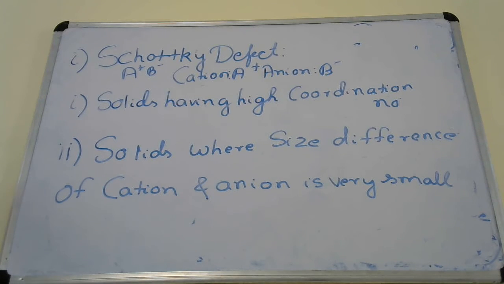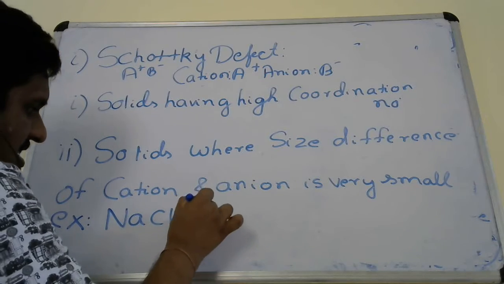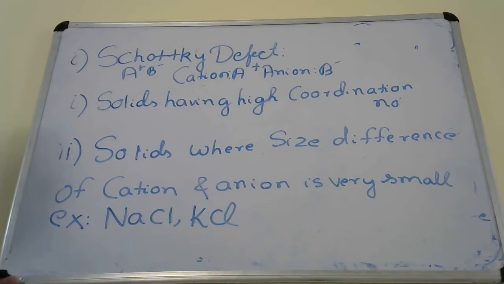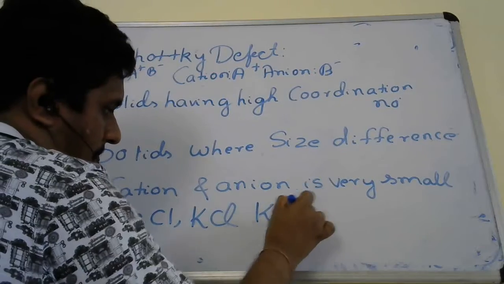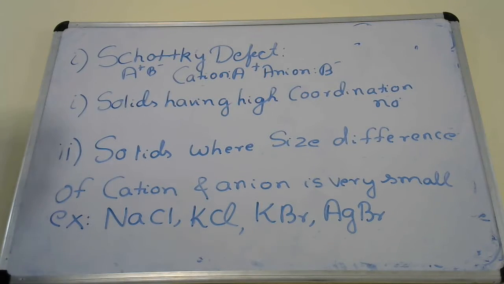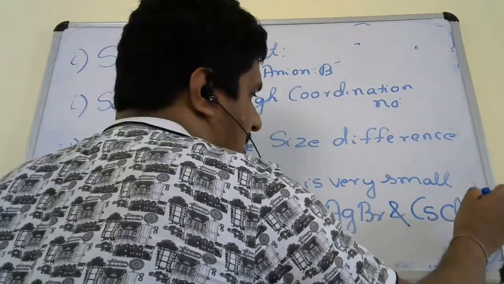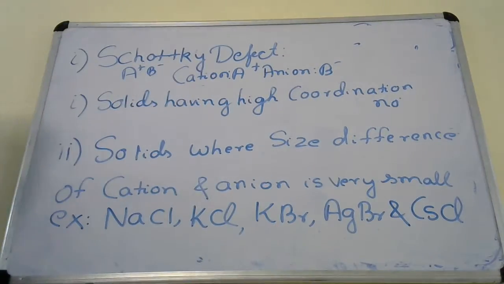Examples are NaCl, KCl, KBr, AgBr, and cesium chloride, CsCl. These are the types of solids which show Schottky defect. So what type of solids show Schottky defect?